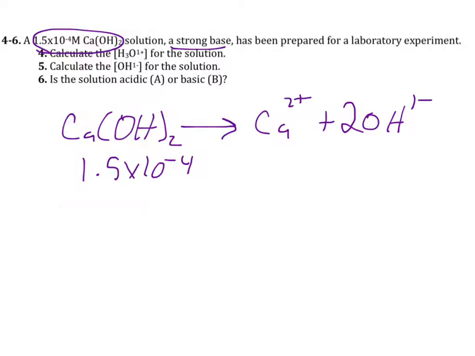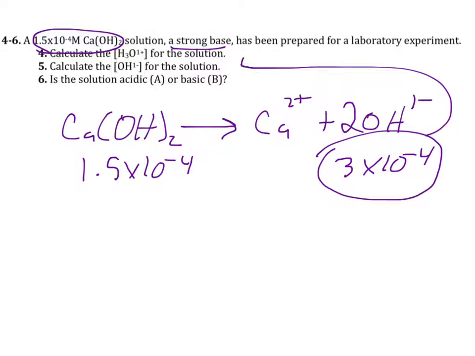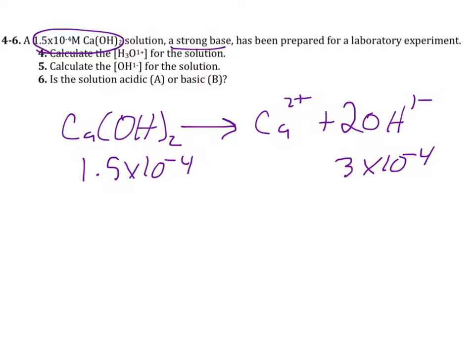And so all we need to do is multiply that by 2, and we get 3 times 10 to the negative 4, and this is the answer to number 5. So the answer to number 5 is 3 times 10 to the negative 4 molar concentration of hydroxide.